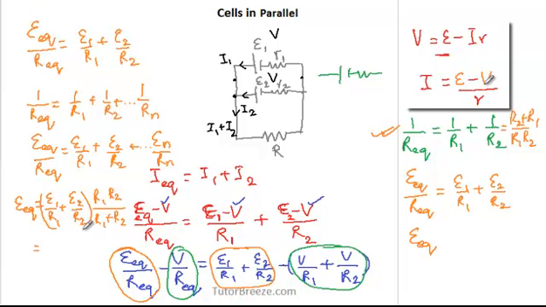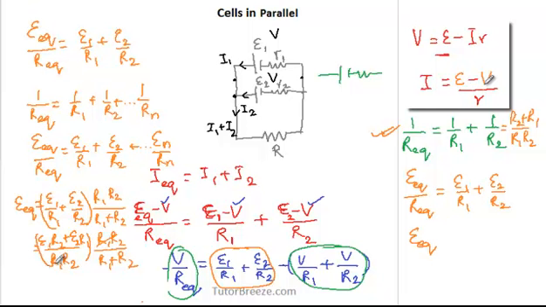You can see that if you take the LCM you get R1 R2 over here, and this is E1 R2 plus E2 R1 times R1 R2 over R1 plus R2.